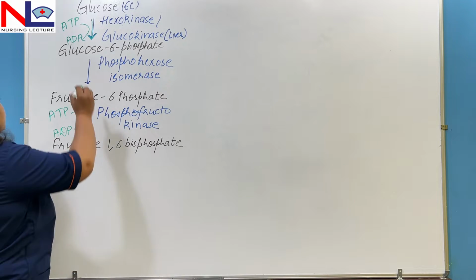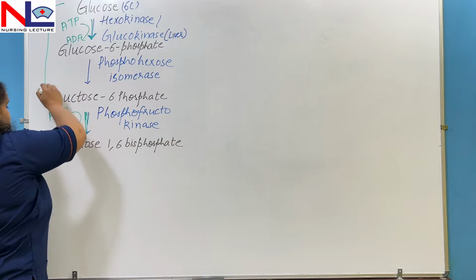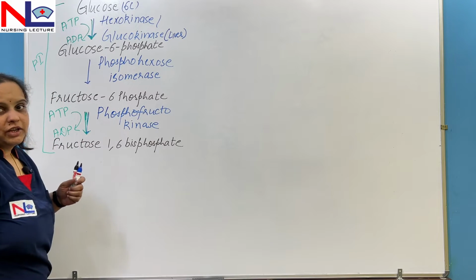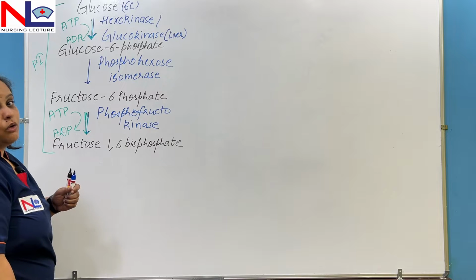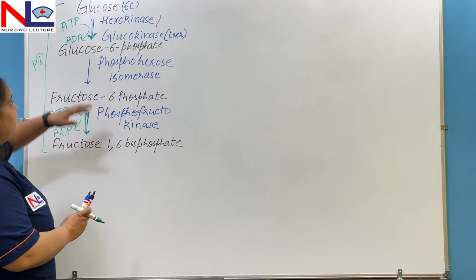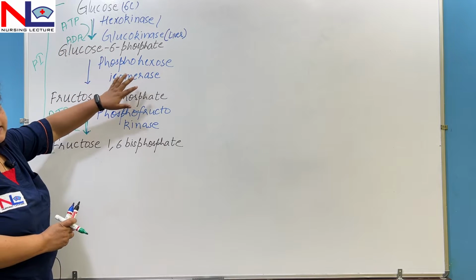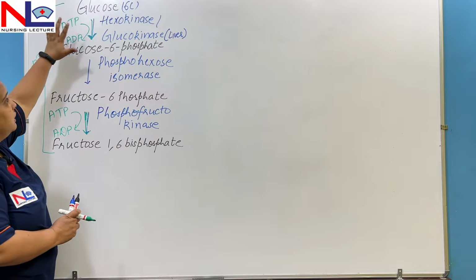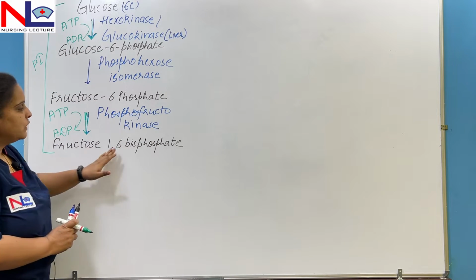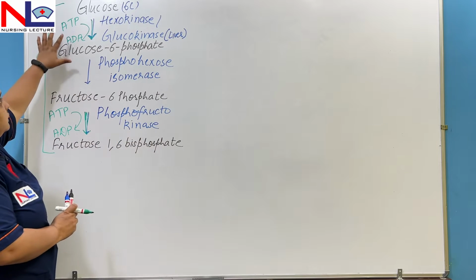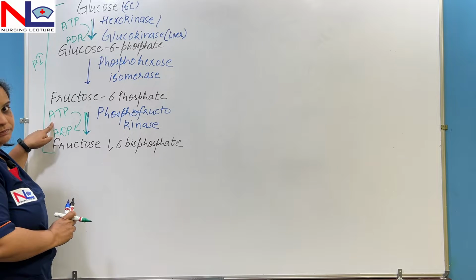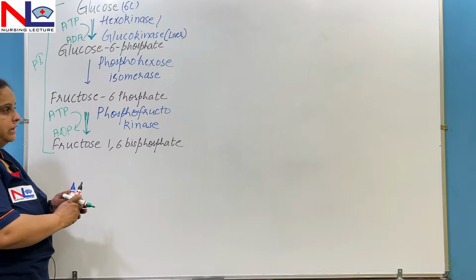So till now you can say that this is phase 1, the energy consuming or utilizing phase, where the glucose gets oxidized by using 2 molecules of ATP. So from glucose to fructose 1,6 bisphosphate, the molecule is utilizing 2 molecules of ATP to get further oxidized.